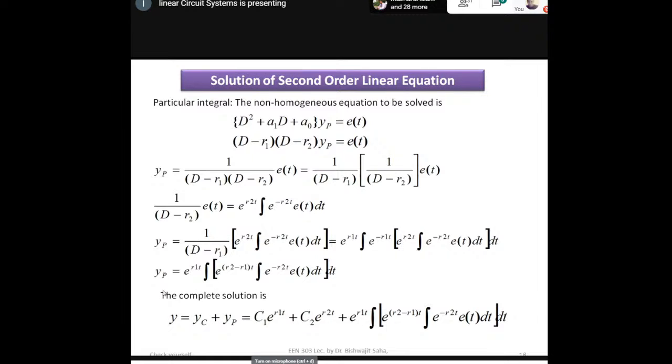I think here is a little bit complex since we are considering the first order equation particular integral firstly, after that we are multiplying that 1 over (D minus r1)t because we have to find out another yp for that yp1.